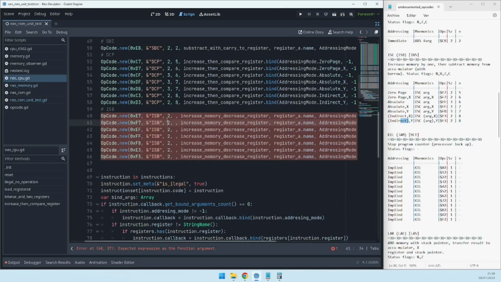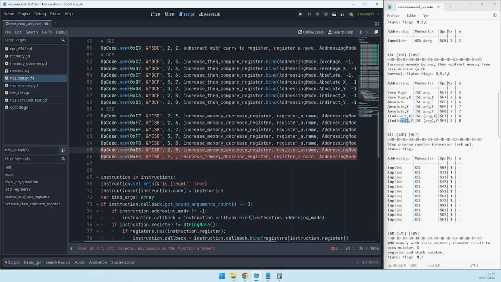Now for the size and cycles. 2 bytes, 2 bytes, 3 bytes, 3 bytes, 3 bytes, 2 bytes, and 2 bytes. That's all. And now the cycles. First is 5 cycles, 6 cycles, 7 cycles, 7 cycles, 8 cycles, 8 cycles, and I did something wrong. Okay, it was 6 twice.